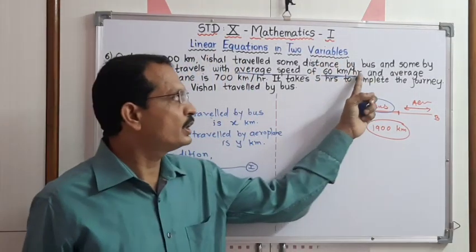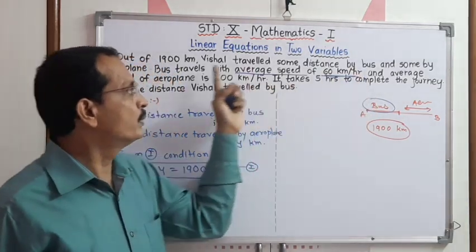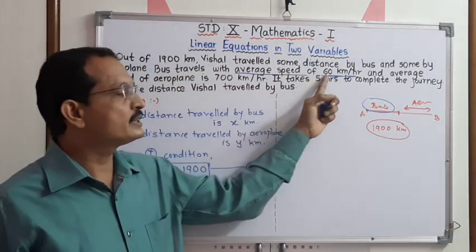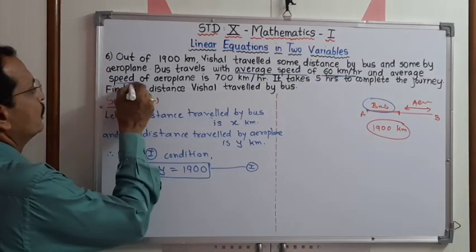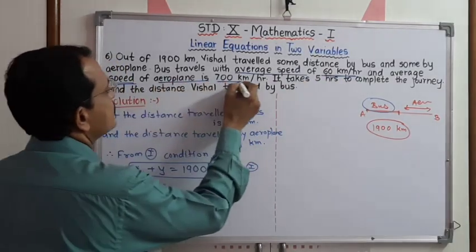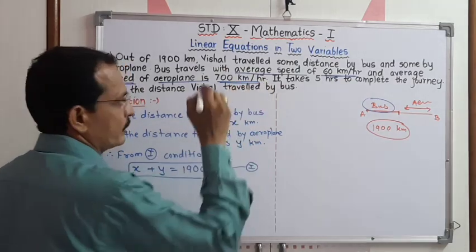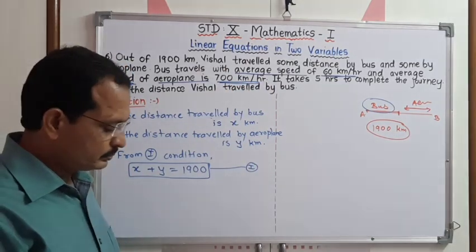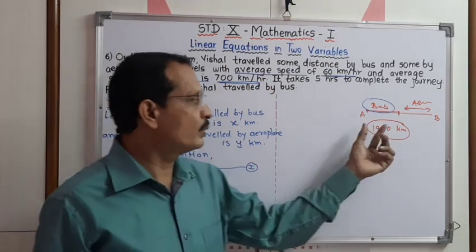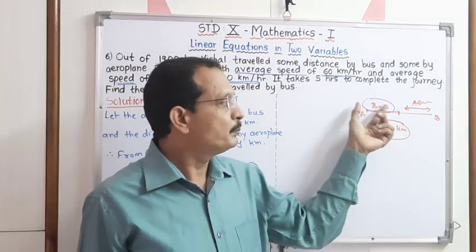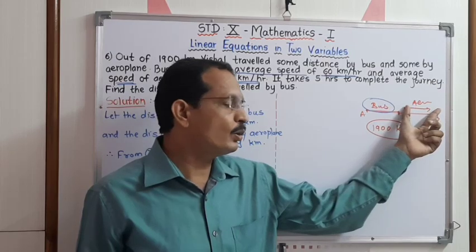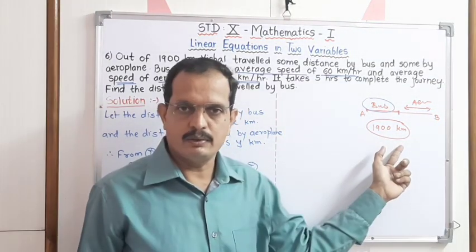That means in 1 hour the bus travels 60 km, and the average speed of the aeroplane is 700 km per hour. And as we found, distance traveled by bus plus distance traveled by aeroplane is 1900.